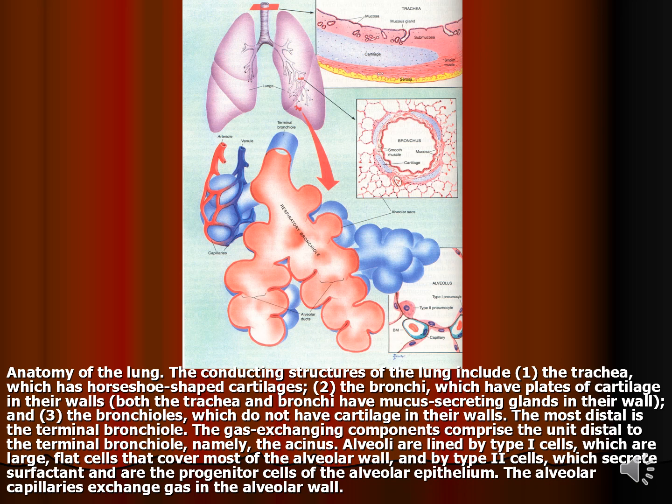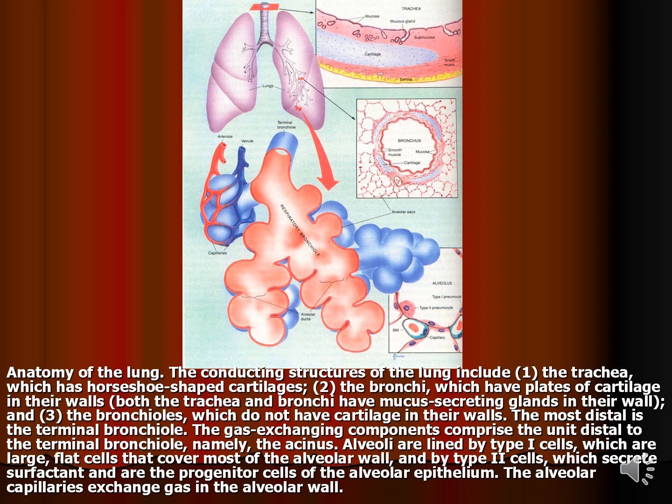Both the trachea and bronchi have mucus-secreting glands in their walls, and the bronchioles do not have cartilage in their walls. The most distal is the terminal bronchiole.